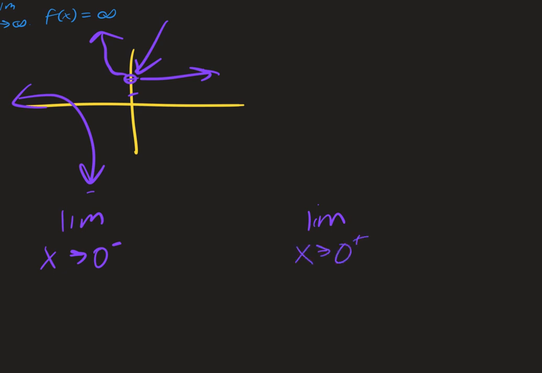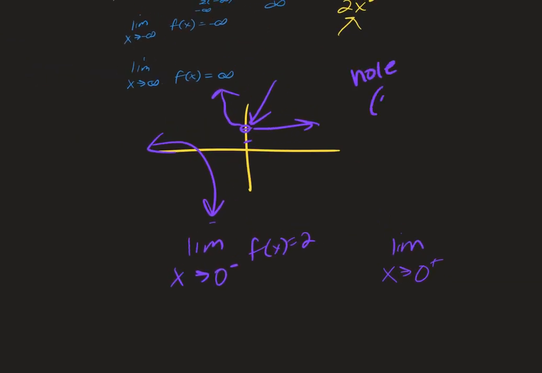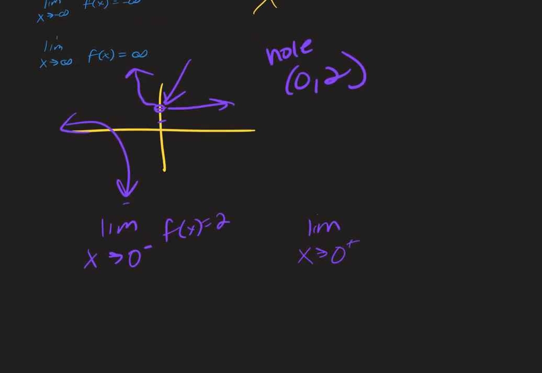Both of these end at the y coordinate of your hole. I think I reversed this. Let's say the hole was at 0, 2, just so it makes sense. Then as I approach 0 from the right, it would also be 2. So that's how you would express the hole in limit notation.